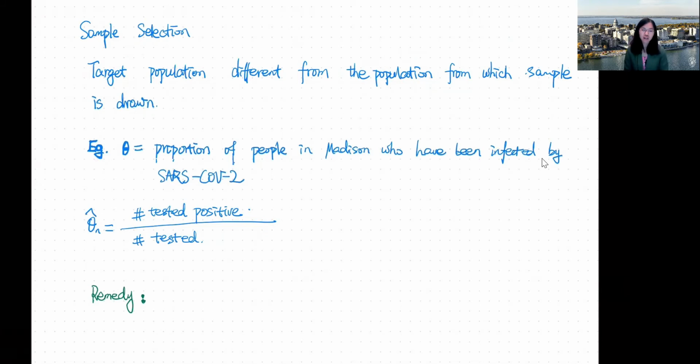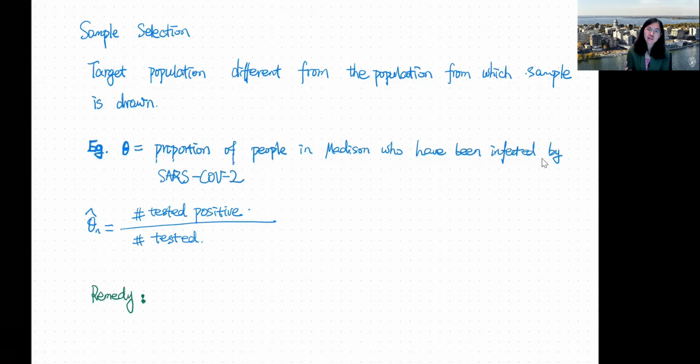Just to give you a concrete idea, let's consider this example. In this example, let's say that the parameter that we want to estimate is the proportion of all people in Madison who have been infected by SARS-CoV-2.